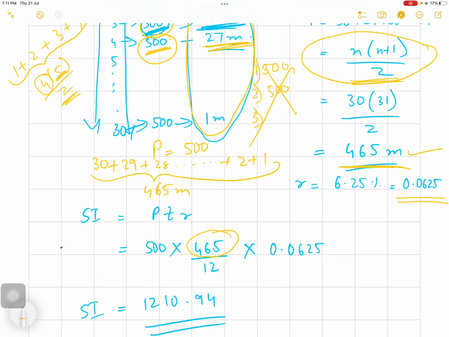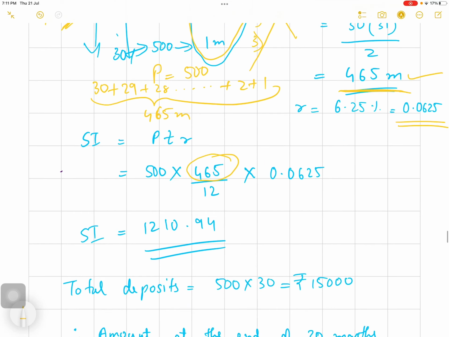So you have to divide by 12, into 0.0625, or you can write 6.25 divided by 100 also. So simple interest comes to 1210.94.